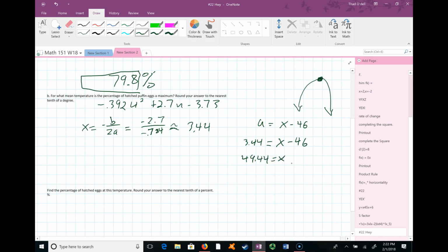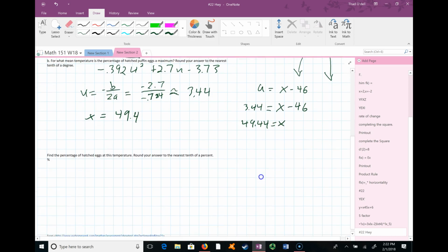It says round off to the nearest tenth, so the x value that I'm looking for is 49.4. In this case, x is the temperature, so that's the temperature that will produce the maximum percentage.